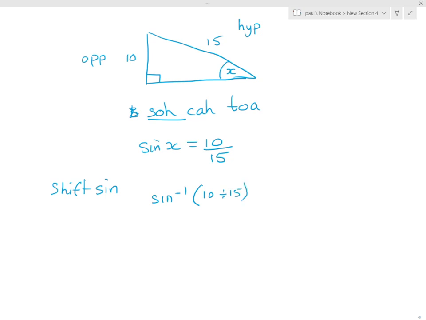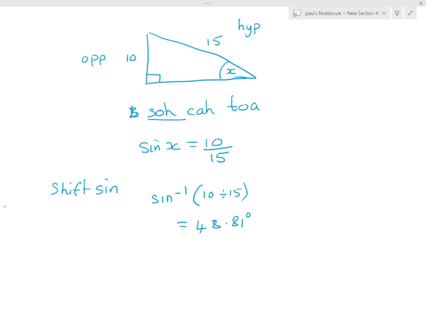I don't think you need the bracket at the end. So 10 divided by 15, and that will come up as 48.81 degrees.